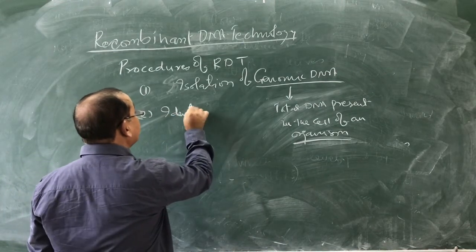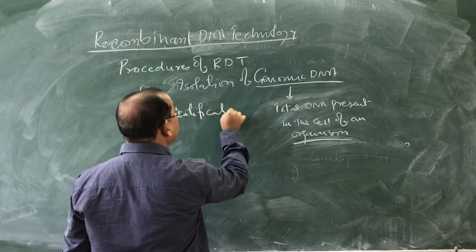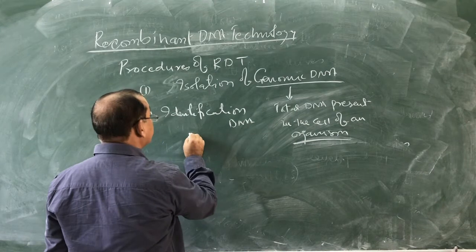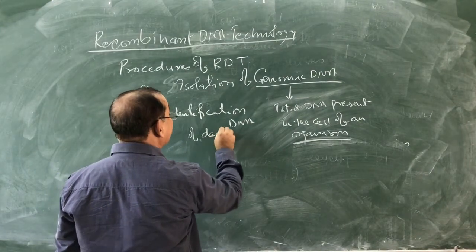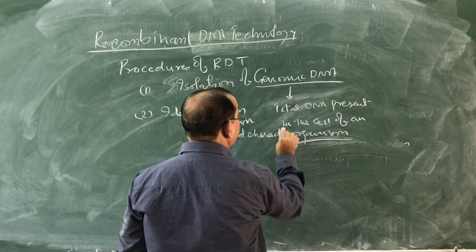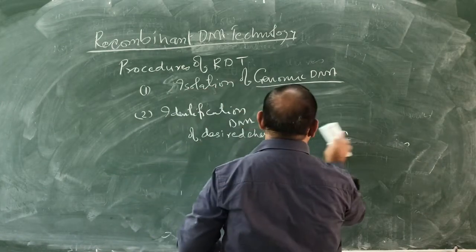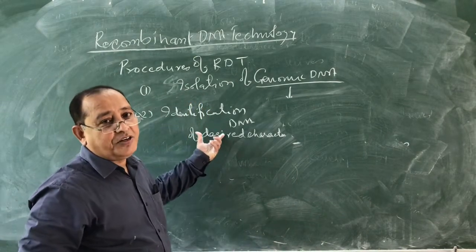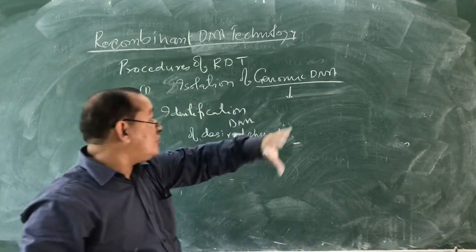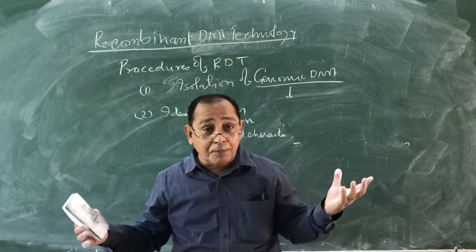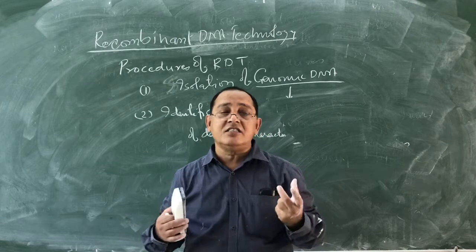identification of DNA of desired character. After isolation, identification of the DNA. Which DNA? Genomic DNA is nothing but a complete DNA. All the genes are present.